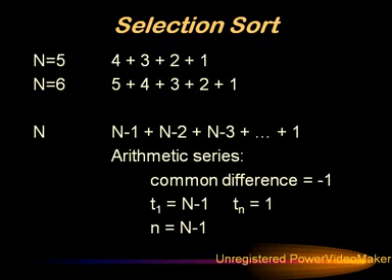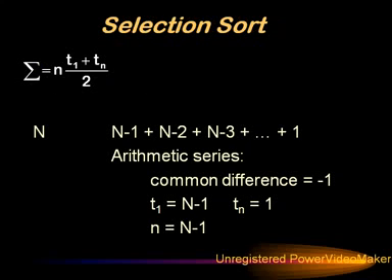Digging deep back into Algebra 2, we have a formula for figuring out what that is in terms of n. The explicit formula for the sum of an arithmetic series is n times the first plus the last over 2.